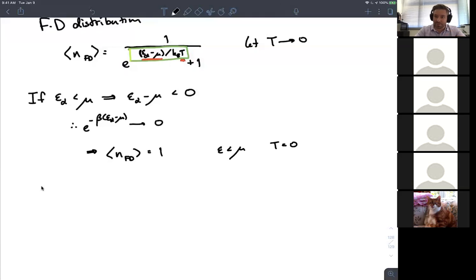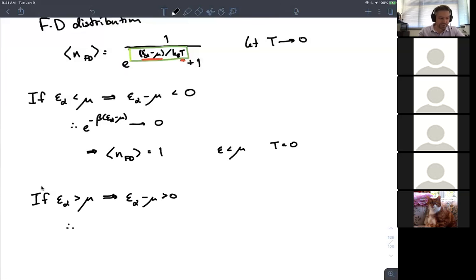All right, the other possibility is that you're talking about energy levels whose energy value is higher than the chemical potential. So if epsilon alpha is greater than mu, that means that this exponent is positive.